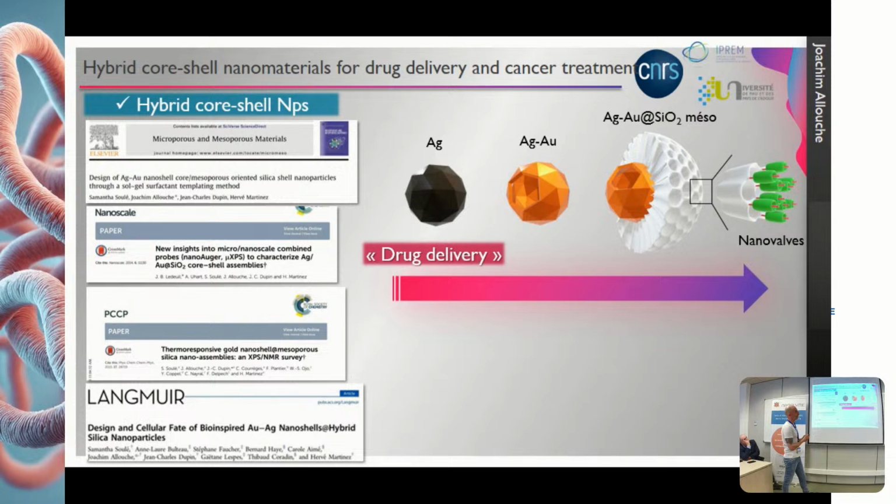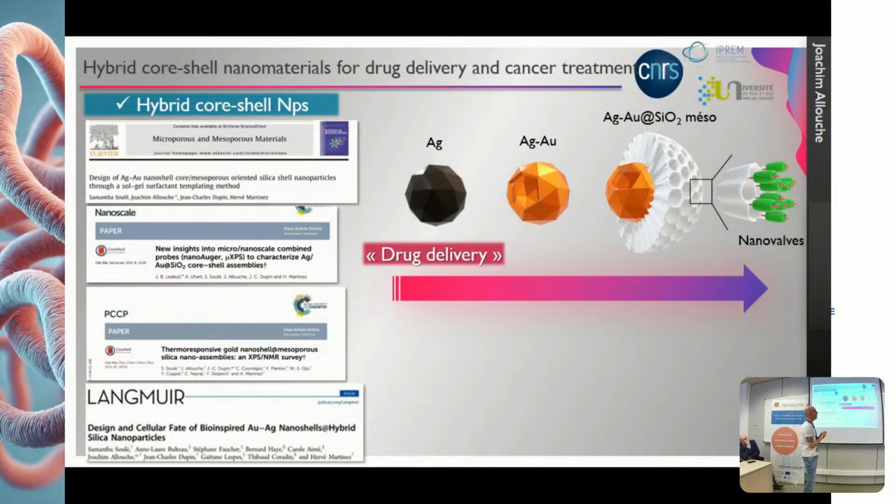And after, we wanted to functionalize the silica shell with organic nanovalves, in order to close the pores of the shell. The idea behind this development is to put a drug inside the porosity of the shell, and this nanovalve can be destroyed by using photoirradiation of the core.